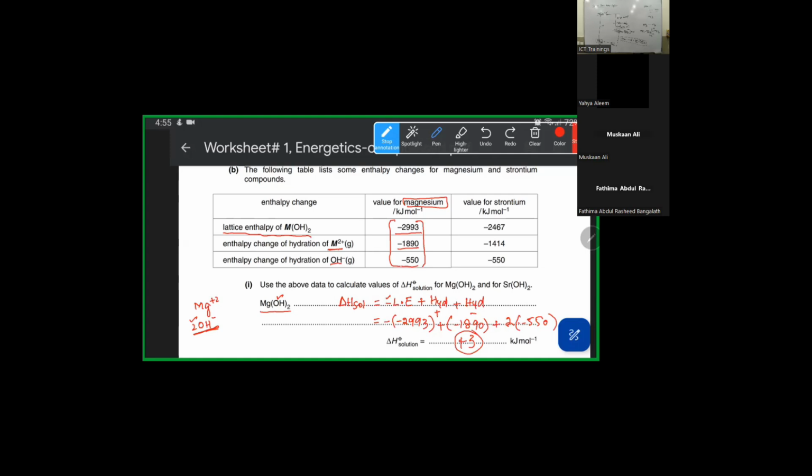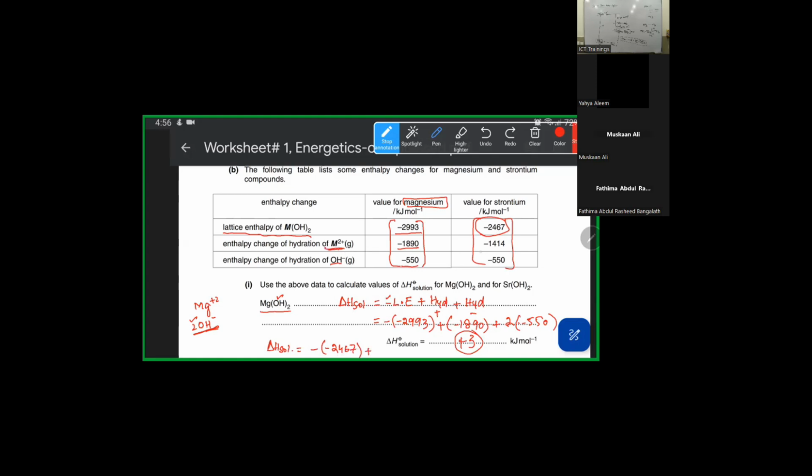Strontium hydroxide, Fatma. I think we did a little bit, beta. These are the strontium values, beta. So the same formula is used up here. So delta H of solution is equal to reverse minus, and the lattice energy value is this one, minus 2467, and plus hydration of positive ion.